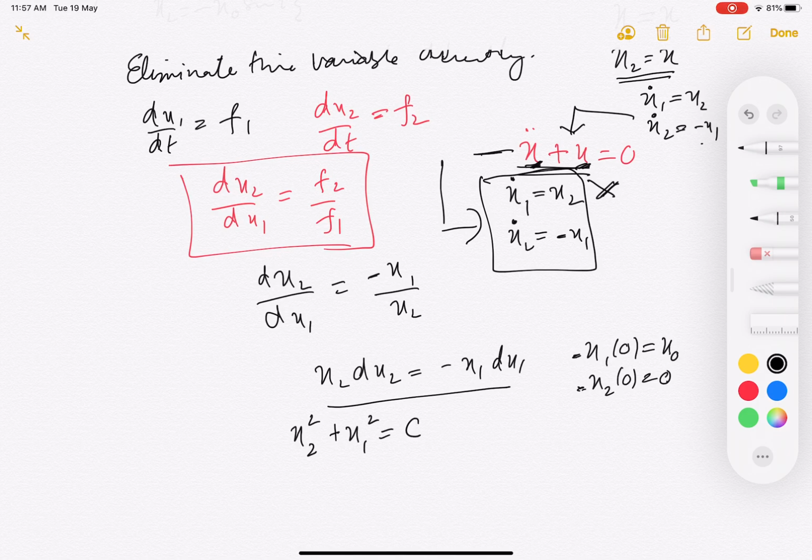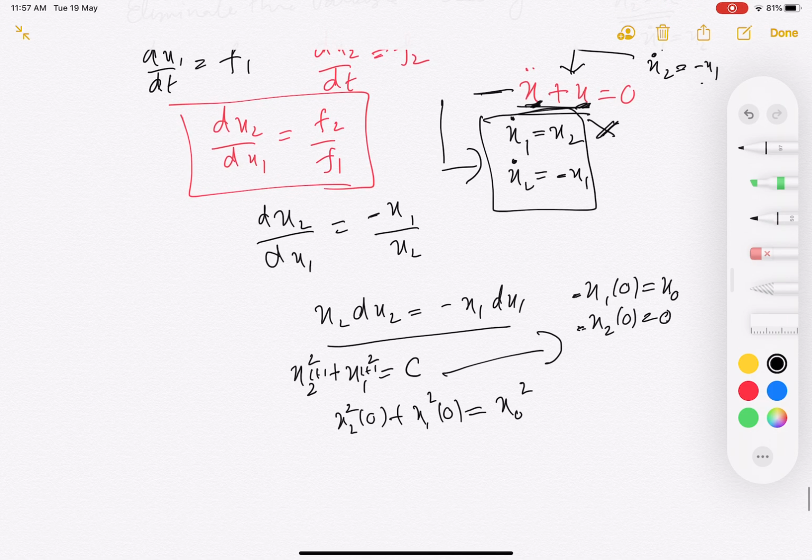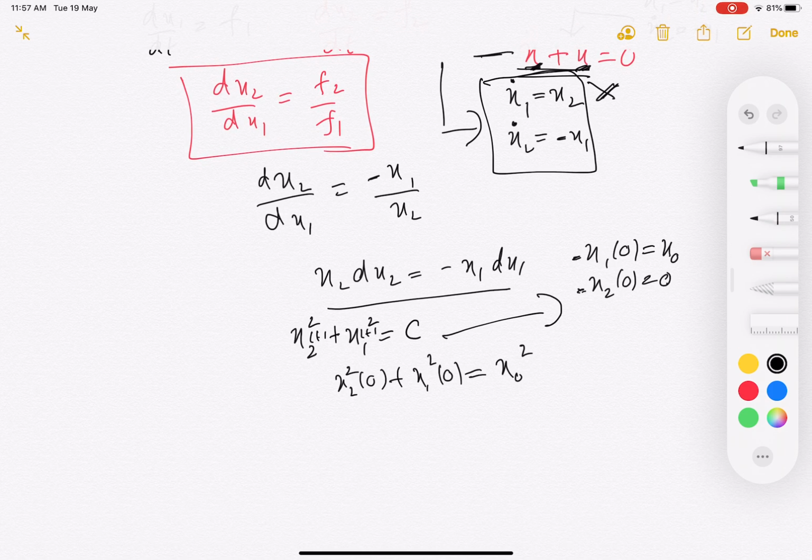And then you can put in these initial conditions, so you get x2 square at 0 plus x1 square at 0 is equal to x0 square, because x2 at 0 is 0 and x1 is x0, so that is equal to c.